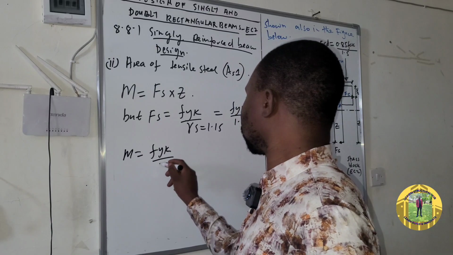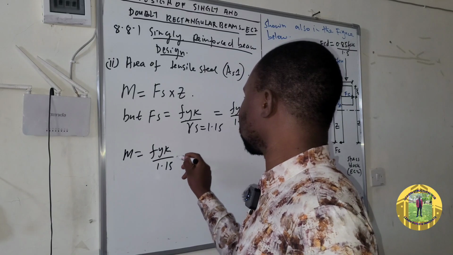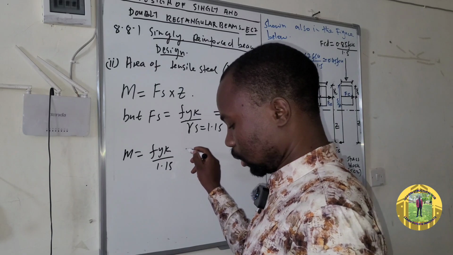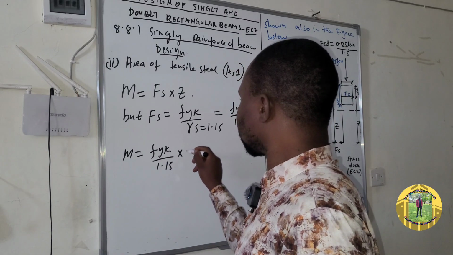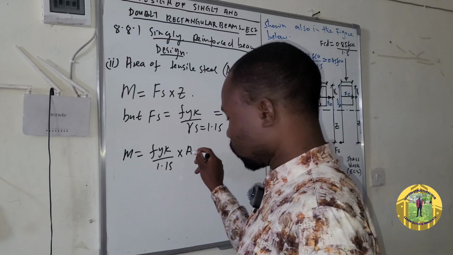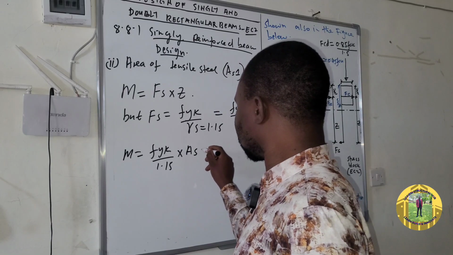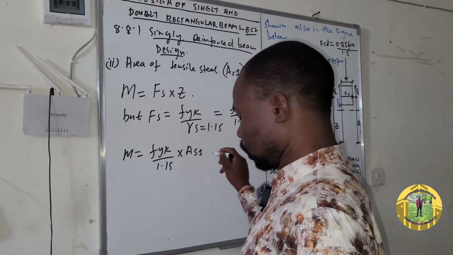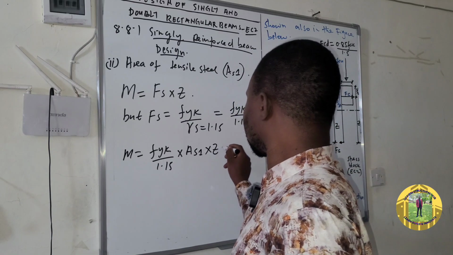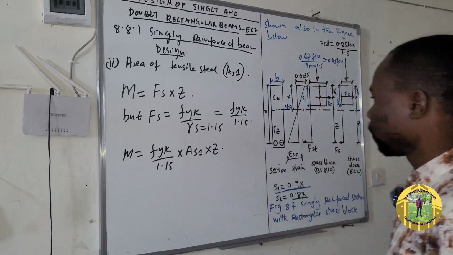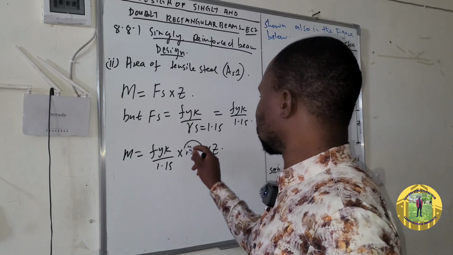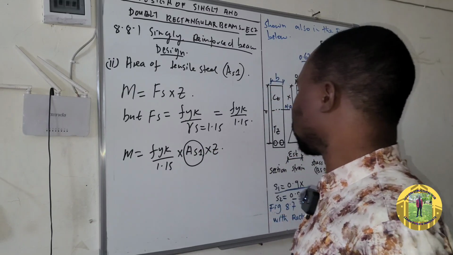So M is equal to Fyk over 1.15 times area of steel in tension times Z, but we want the area of steel in tension.